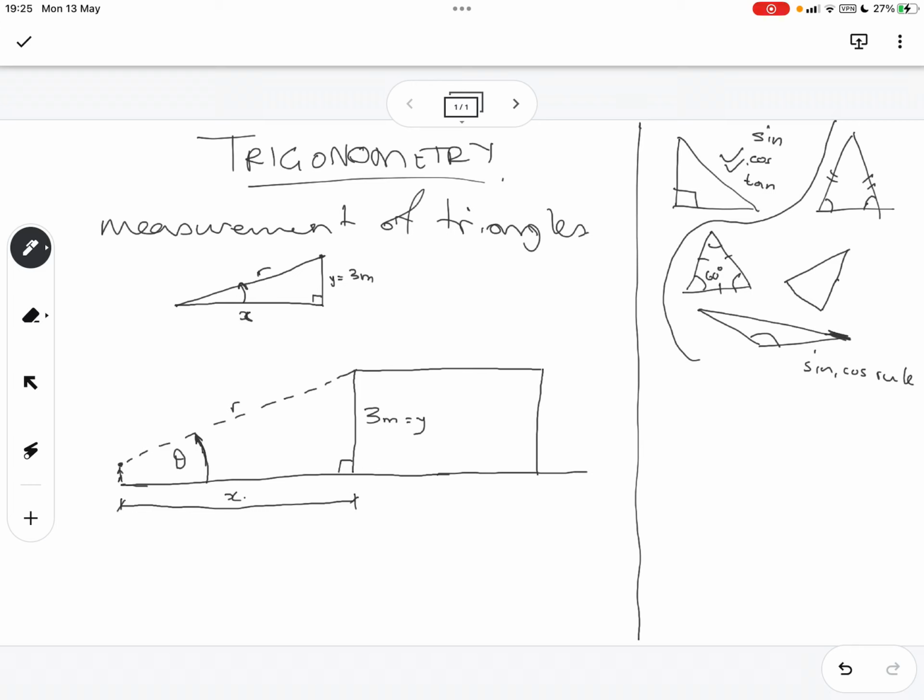If that angle is known, then the tan of theta equals the height, 3 meters, divided by the distance that stands between you and the tank itself.